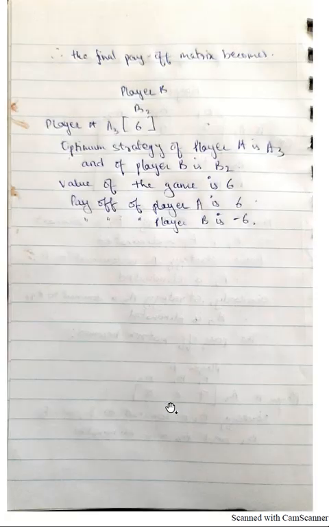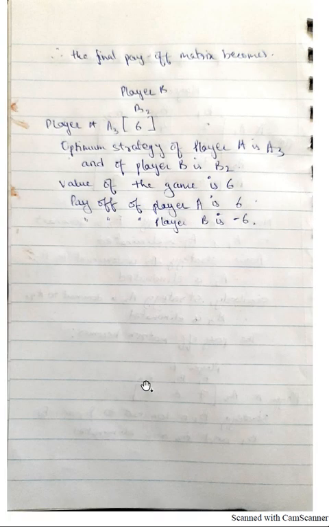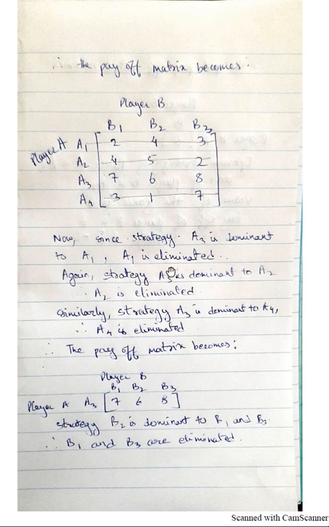So what we are remaining with, the final payoff matrix becomes player B, player A. The final strategies are here. We are remaining with A3 for player A and B2 for player B. Since all the other strategies are eliminated, for B2 and A3 the payoff here is 6.